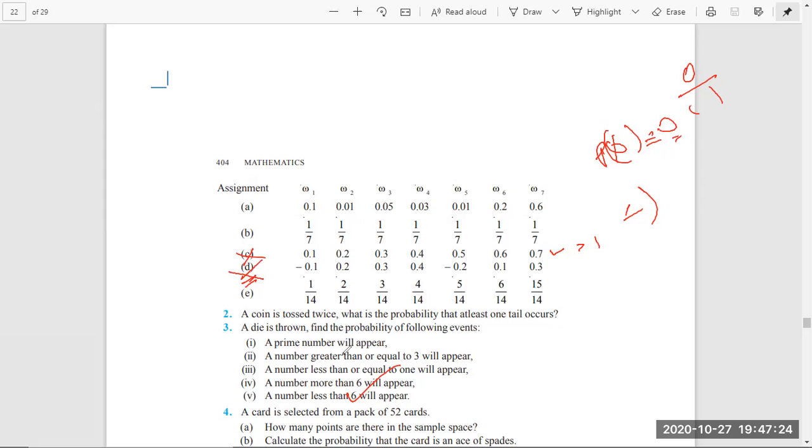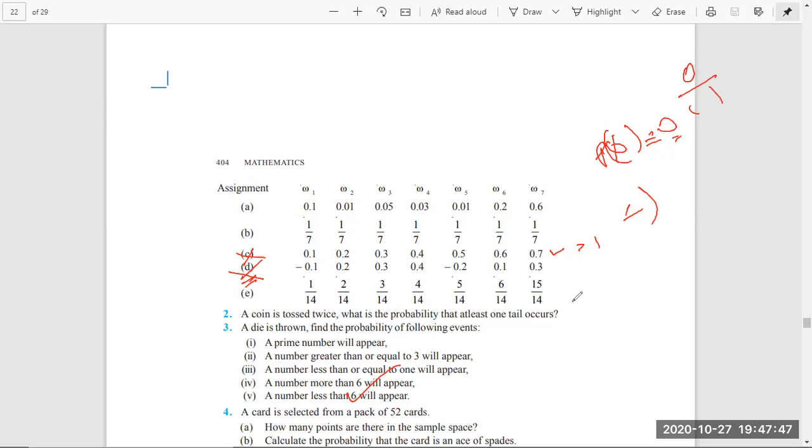Very good. Is there anything else? Yes, E: 15 by 14, that's not valid.